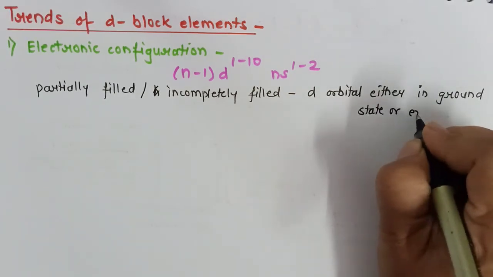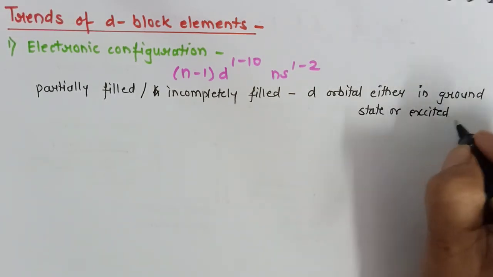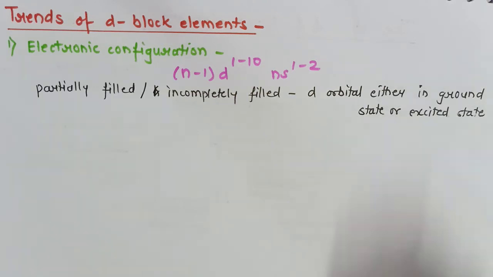Even if it is in excited state, incomplete d orbital, then it will be called as an element of D block. Now (n-1)d 1 to 10 ns 1 to 2, this is the general electronic configuration.